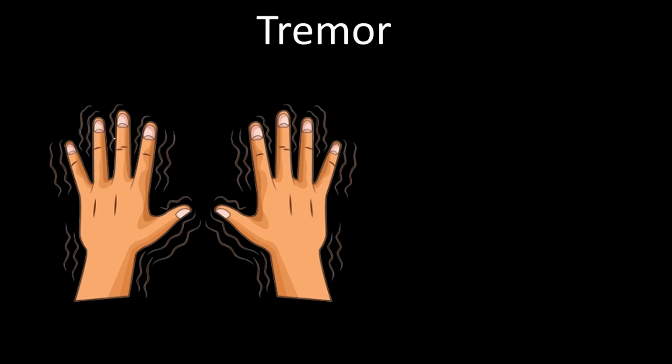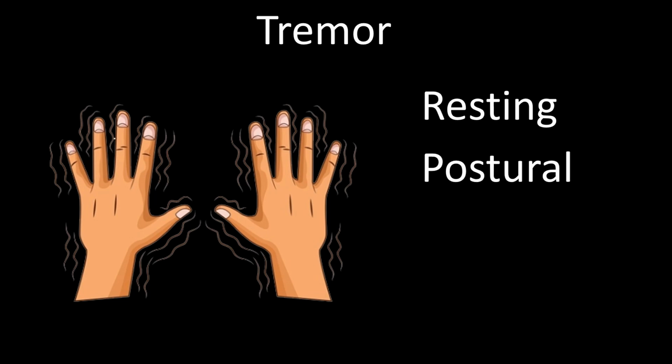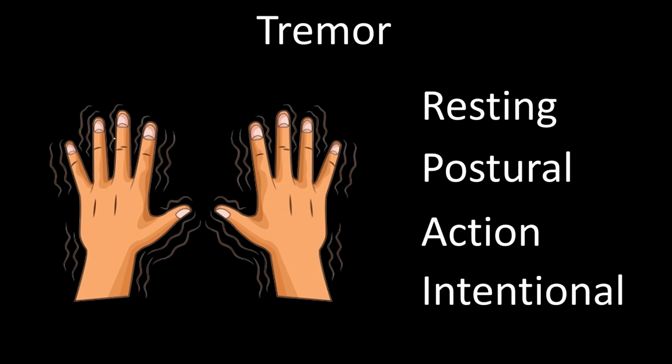Tremor is defined as an involuntary, rhythmical, alternating movement. It is convenient to classify tremor according to the state during which the tremor occurs. Using this parameter, we can classify tremor as resting, postural, action, and intentional.